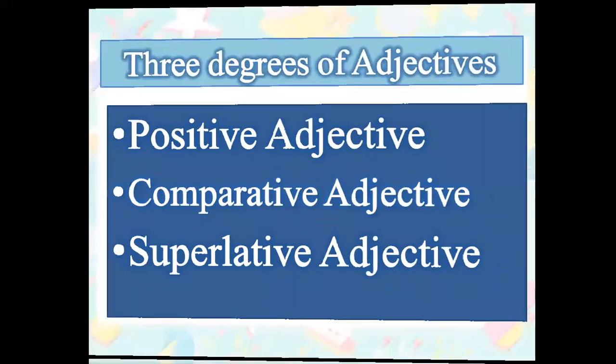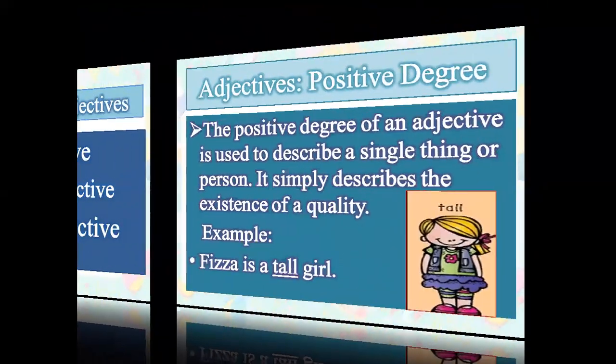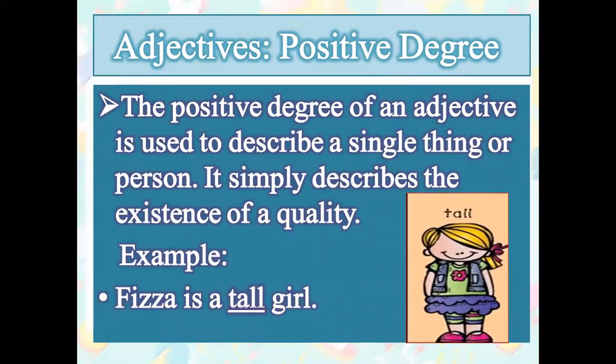Now we will focus today on the 3 degrees of adjectives, and we will see how to change the degrees of adjectives. So here we have the 3 degrees of adjectives, which are positive adjective, comparative adjective, and superlative adjective. Now, students, we will see what is the positive degree of an adjective.